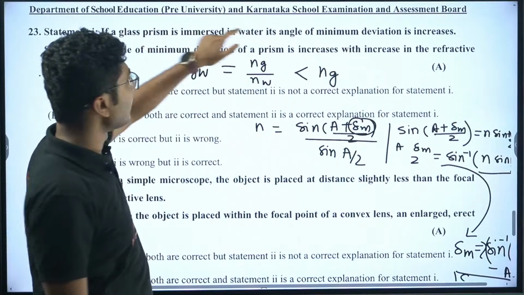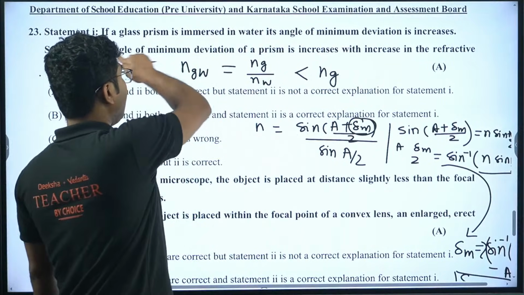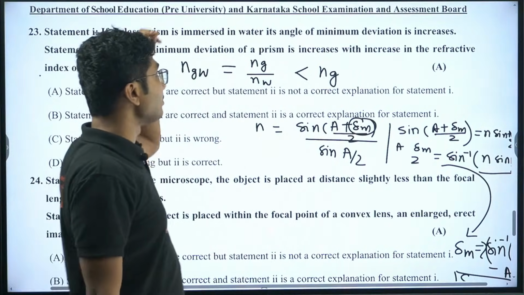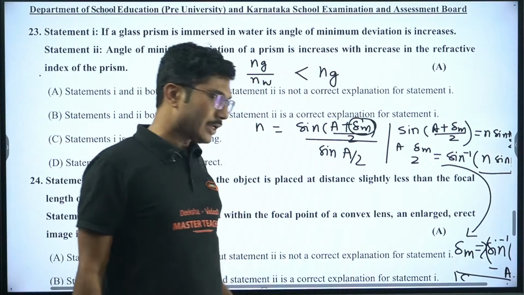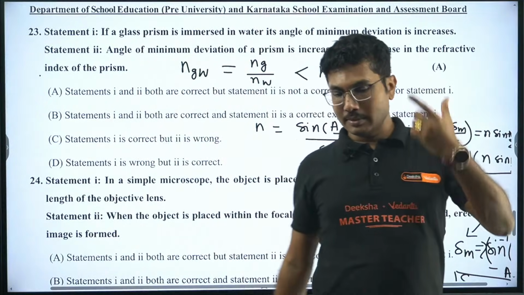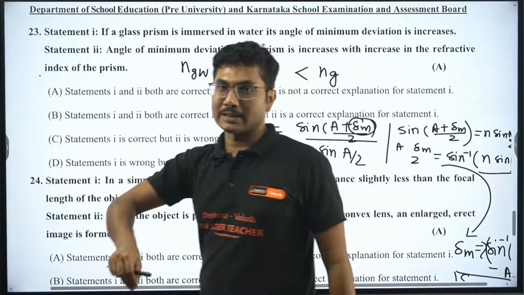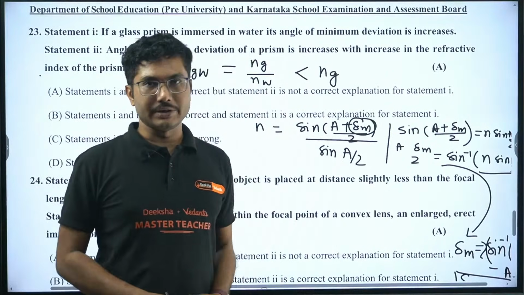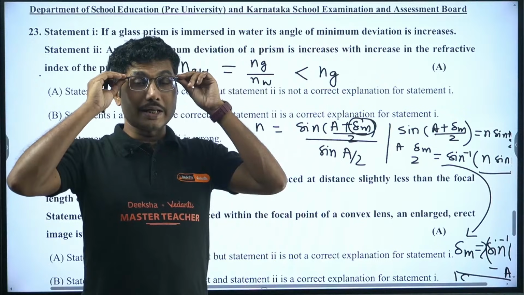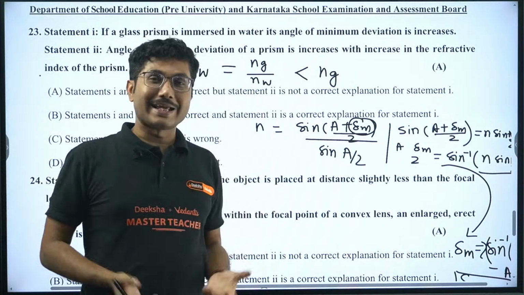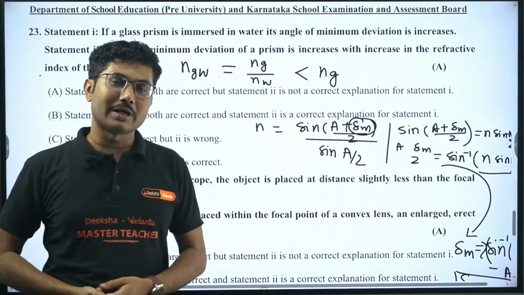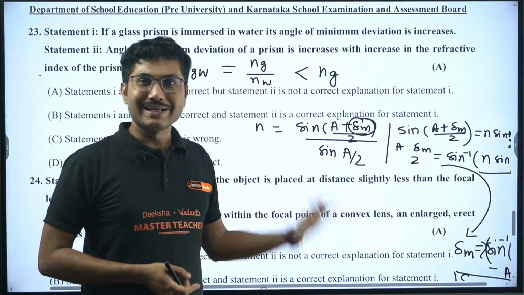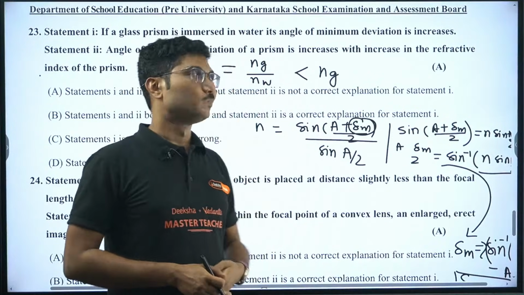But the first statement is talking about a glass prism immersed in water. Whenever you take a material and put it inside another material, the refractive index will always decrease, unless you are taking air. Even if you take air and put it in water, the relative refractive index will decrease, as it will be less than 1.